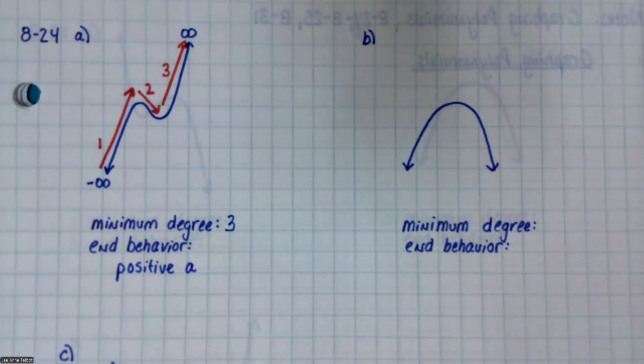Okay, you guys try B on your own. What's the minimum degree? What are the arrows doing? Does it have a positive or negative A value? Perfect.